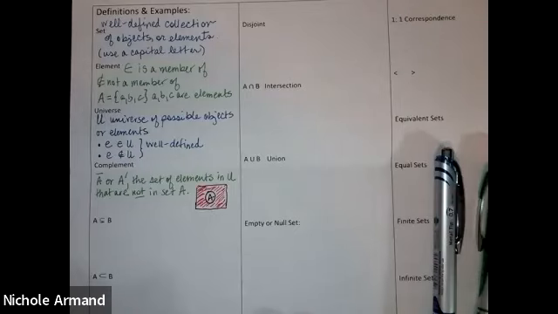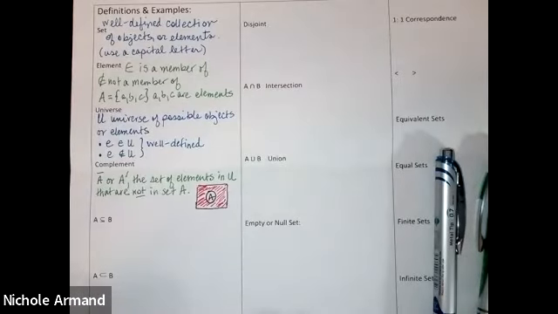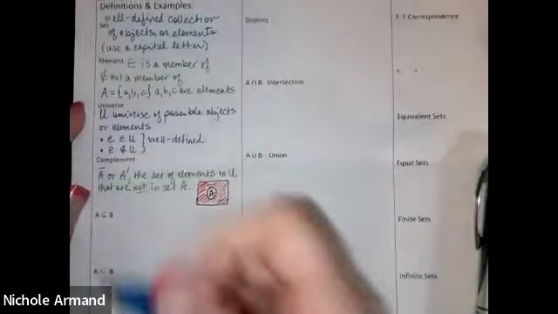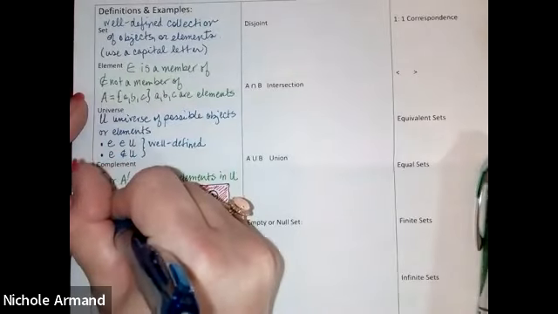Okay, so let's talk about A is a subset of B. That's what that symbol means. So this symbol is subset.